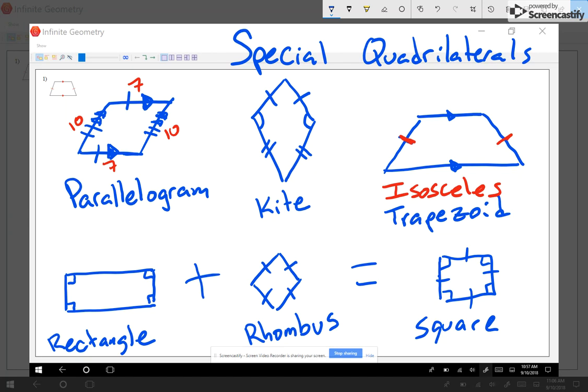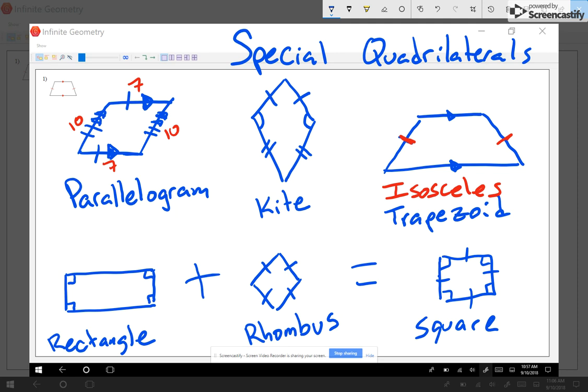If I see something that looks like a square, but only the sides are equal, not the angles, then I'll call it a rhombus, because only the sides are equal. If I see something that looks like a square, but only the angles are equal, not the sides, then I call it a rectangle. But now if it's both rectangle and rhombus, I'll call it square.